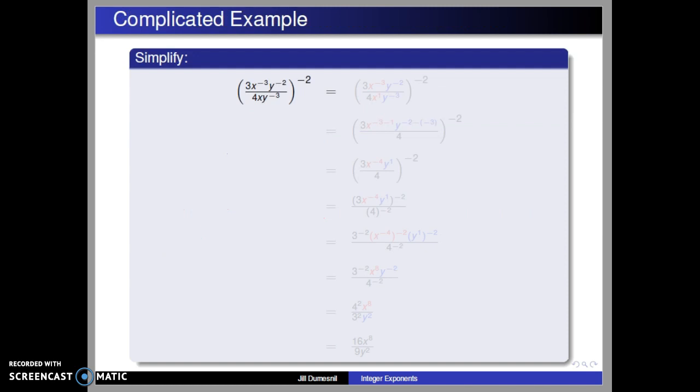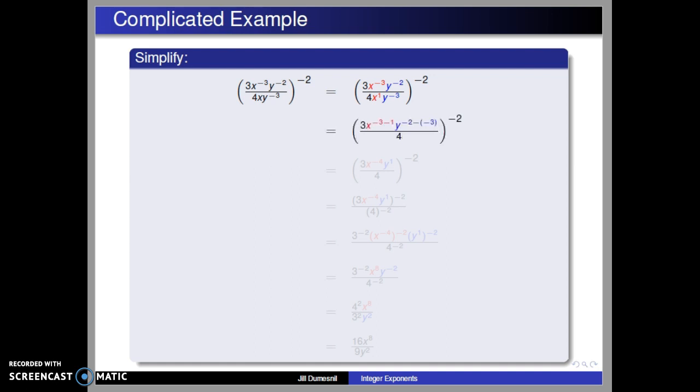Let's consider one final complicated example. To clarify the problem, I'm going to write the constants in black, the x factors in red, and the y factors in blue, and I'm going to explicitly write x as x to the 1. Also, we can simplify the fraction before dealing with the outer exponent of -2.